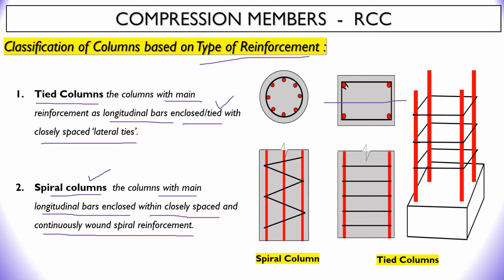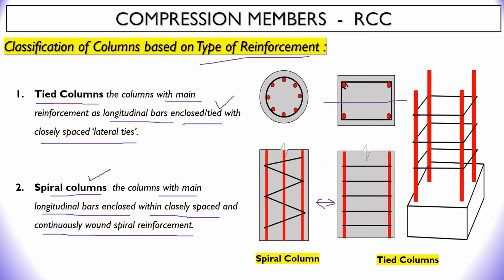And when you see the sectional view of this column, you can easily see that these black color ties continuously enclose the main reinforcement. You can compare these two diagrams.